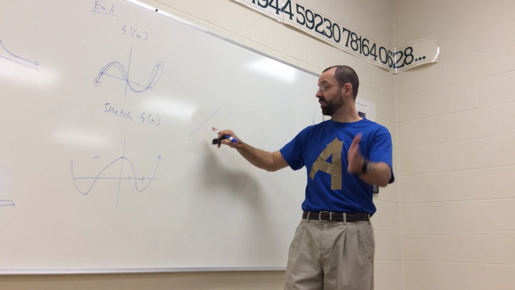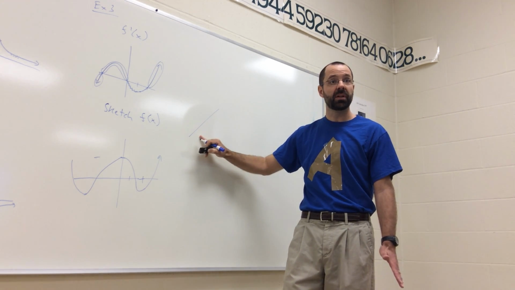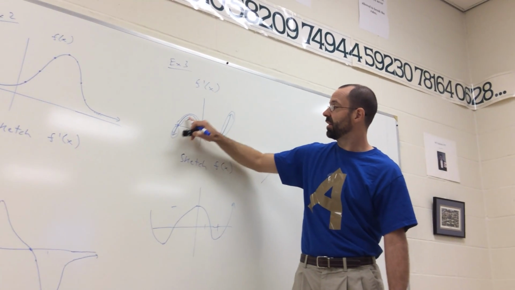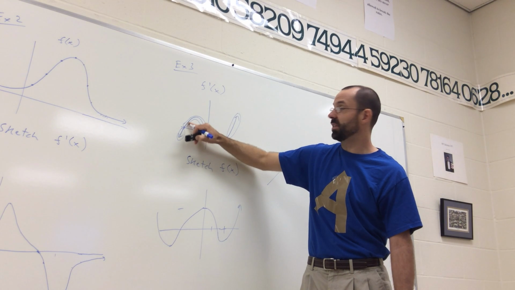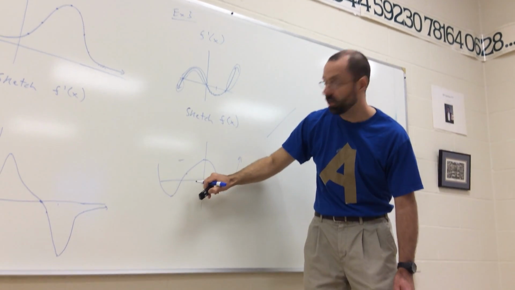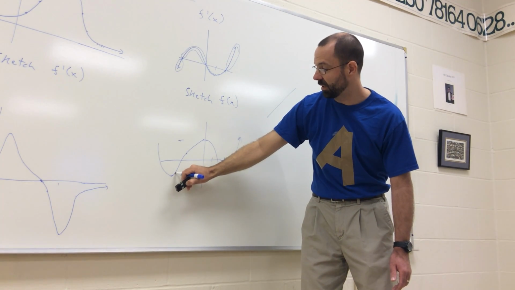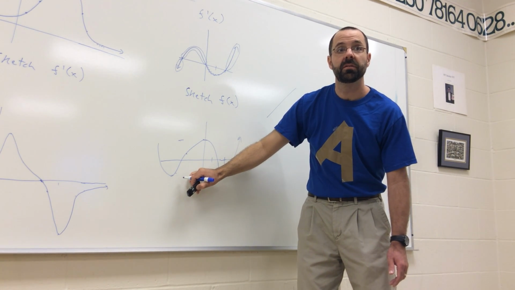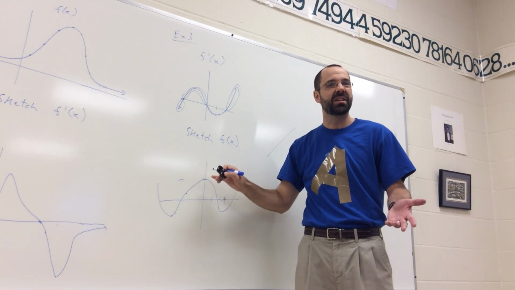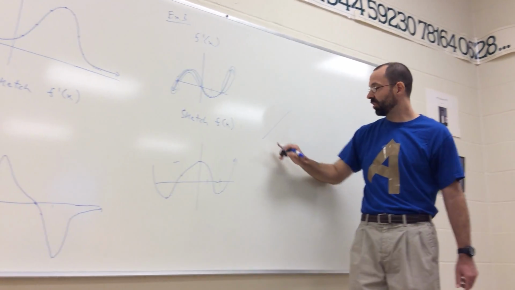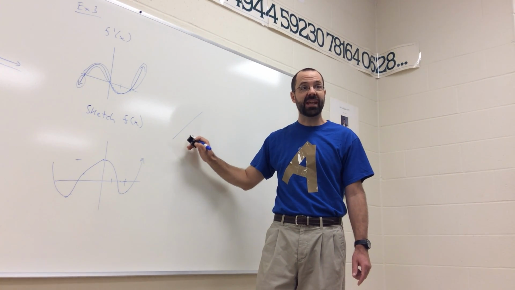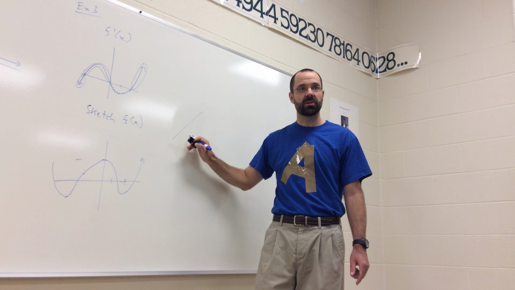So I agree with you that this would model a positive slope, but it wouldn't model the fact that this is more positive than this is. So this is steeper than this is. But again, it's a sketch, and I agree with you that you could have drawn a straight line to model a positive slope. It just wouldn't have a changing slope. Good.